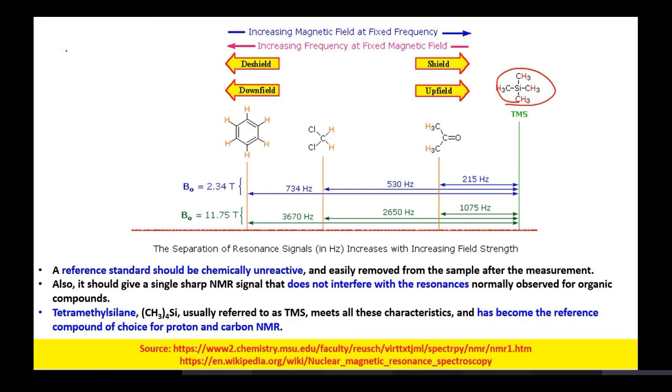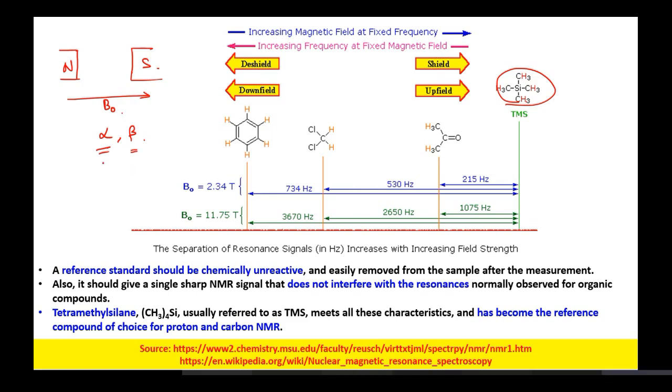So suppose we are applying the field, and this is the permanent field B0. Now we know that there are two states. One is the alpha state and the second is the beta state.